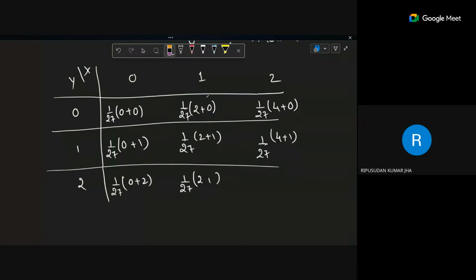Ma'am, 2 plus 2, no? Yeah. Then 4 plus 2, 1 by 4 plus 2. Yeah. Just check whether it's giving the correct answer or not. So just add all the numerators. If it sums to 27, then you are correct. Otherwise, wrong.